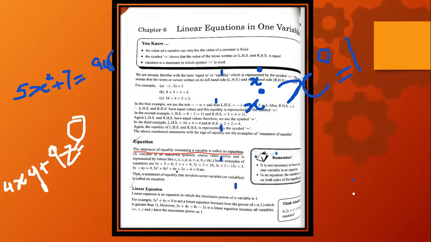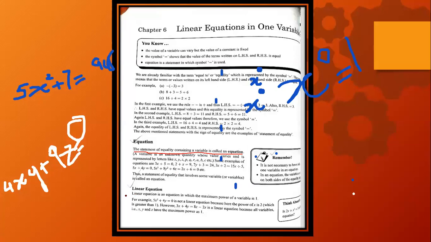Now, point to remember: it is not necessary to have only one variable in an equation. We can have multiple variables in one equation. Second point, in an equation, the variable can be on both sides of equality.